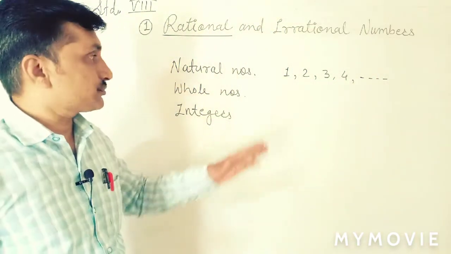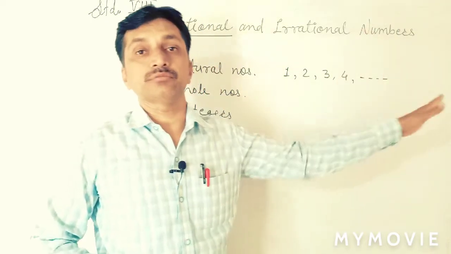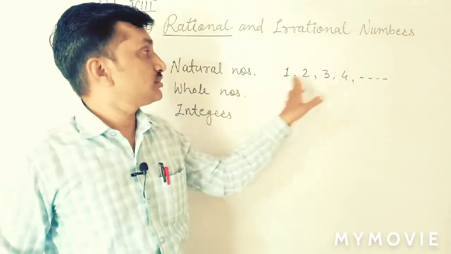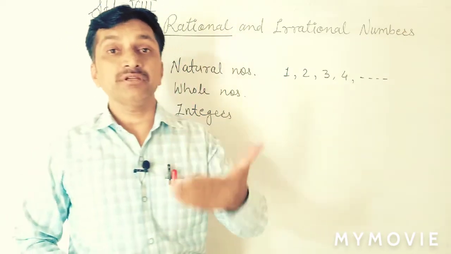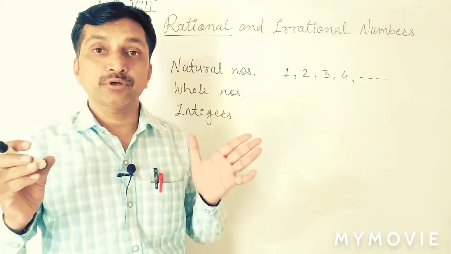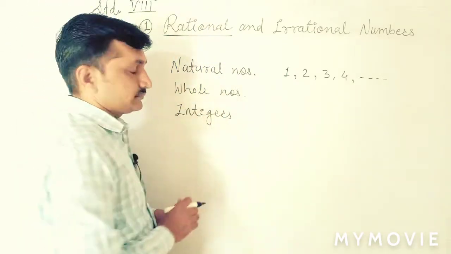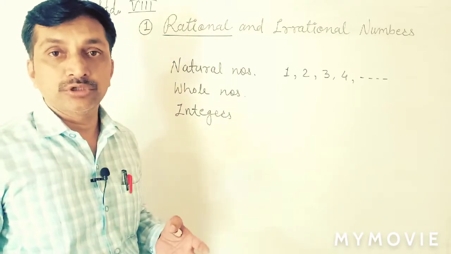These are infinite. These numbers are continuously going on to the right side. What is the last natural number? Infinite. We cannot say what is the last natural number. Whole numbers: which are whole numbers?